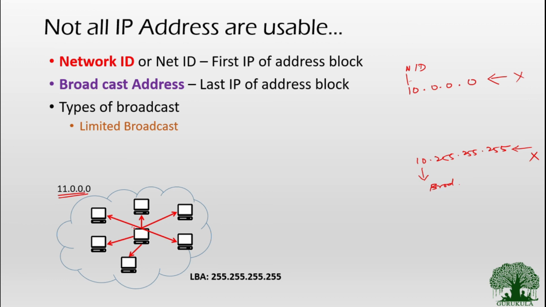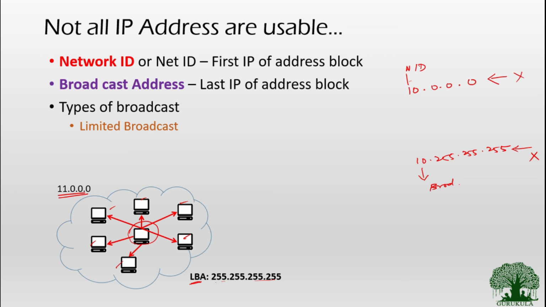This particular node wants to send its frame to all of the remaining nodes present in the same network. Then I can call this limited broadcast. The limited broadcast address will be all 255s. When I put all 255s, that represents that the frame will be delivered to all the systems connected in that particular network.